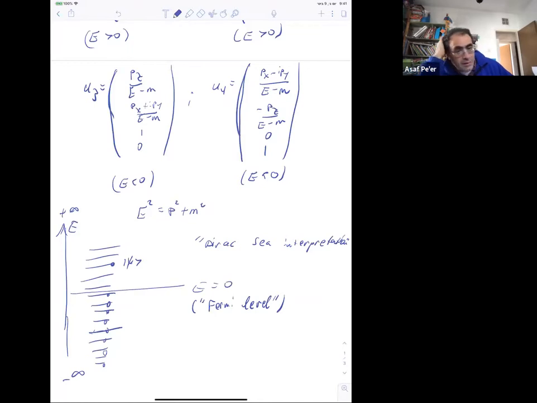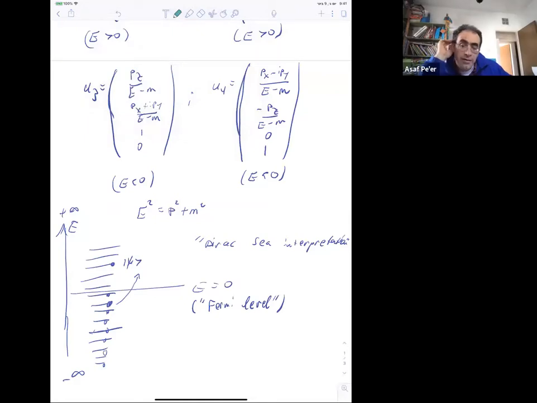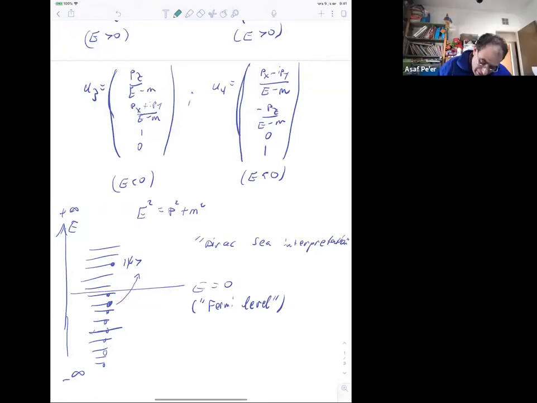Now what happens if we take one of those already occupied states and excite it, give it energy? It'll go up and vacate the level. Exactly. The level will be empty, it can be filled now. So now we have a hole. Now this hole will act exactly the opposite of a particle.